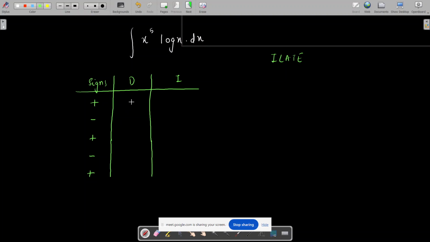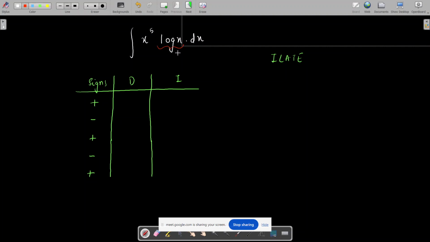For derivative? Well, in this case, I think when you're doing the integral of log x, it's going to be a little trickier. I guess log x would be the best choice for derivative. Exactly. Log x will come under derivative, and that will be our function u.